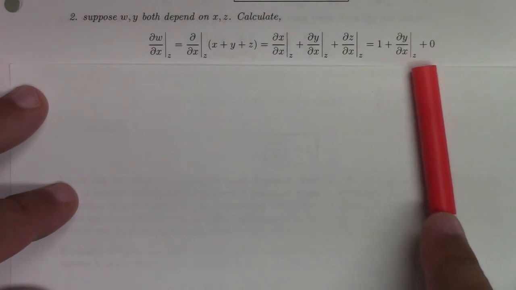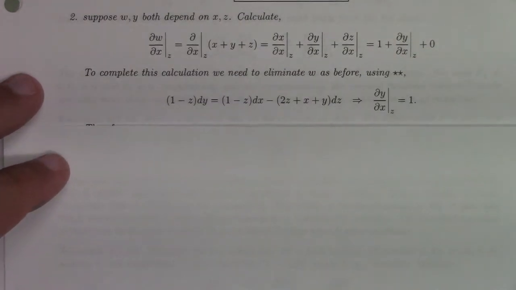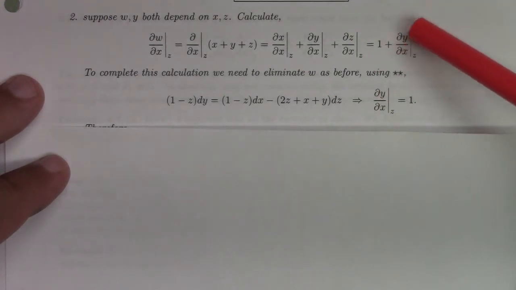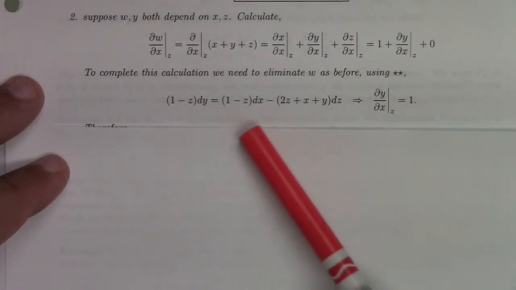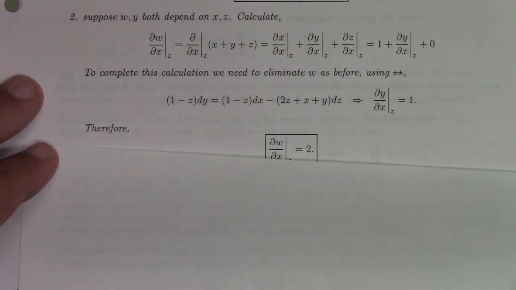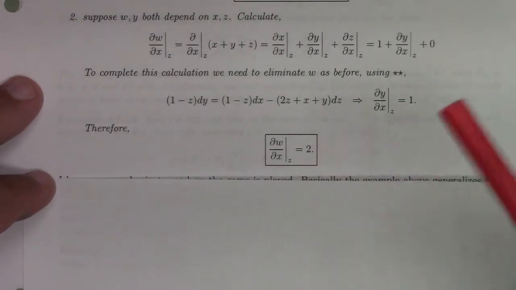The partial y partial x survives, and we still have 1 from the partial x partial x. And so I need to calculate partial y partial x from the other equation. So I used the star thing I derived before to get partial y partial x holding z fixed is just 1. And consequently I get partial w partial x holding z fixed is 2.